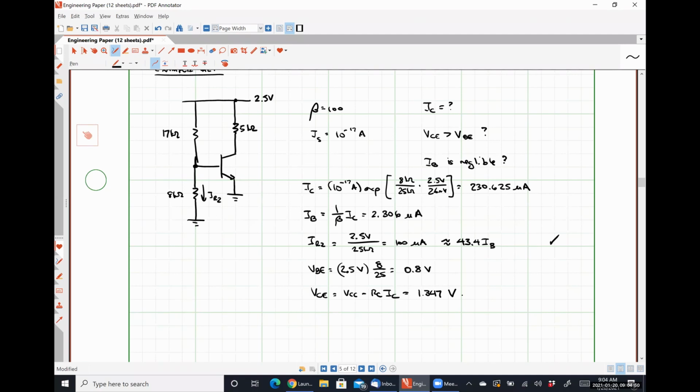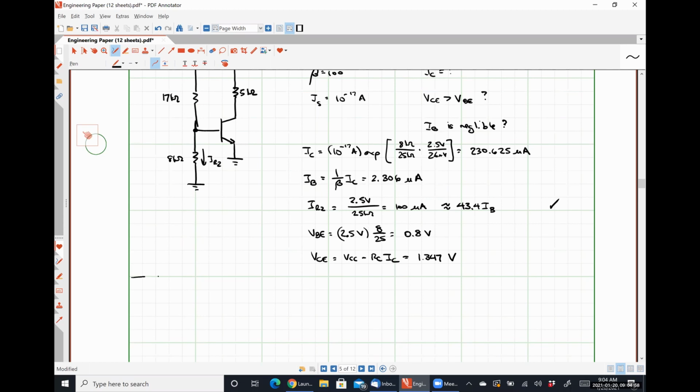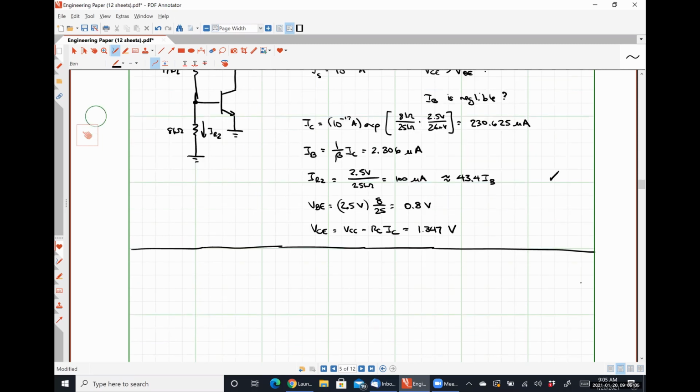So the last thing that we're going to talk about today is what happens if we can't say that the base current is negligible, and how we can approach that. All right.